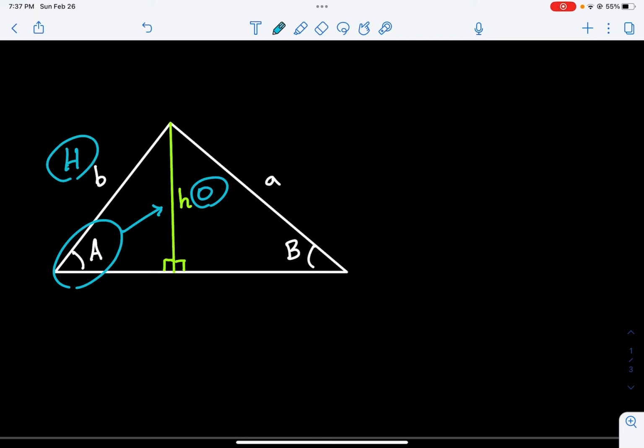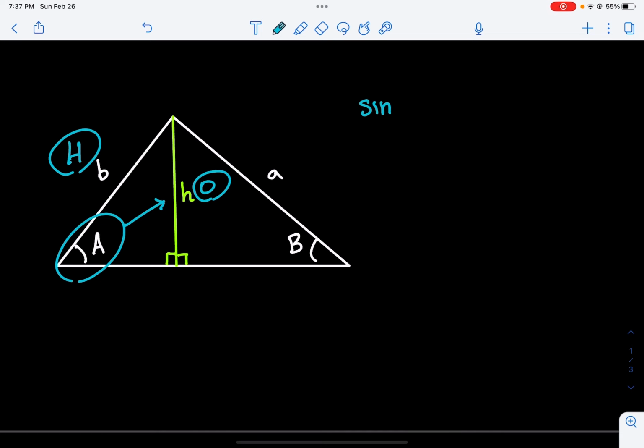So if I use SOHCAHTOA on the left triangle, I get that sine of capital A equals h over little b. And if I solve for h, I get that h equals b times sine of A.